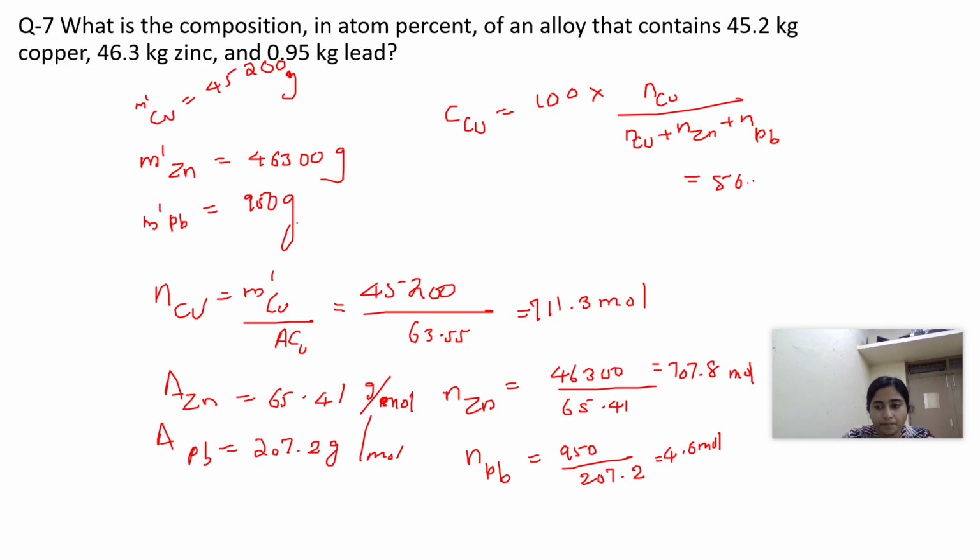We will get 50.0 percent for copper. Similarly, for zinc you will get 49.7, and for Pb you will get 0.3 in percentage.